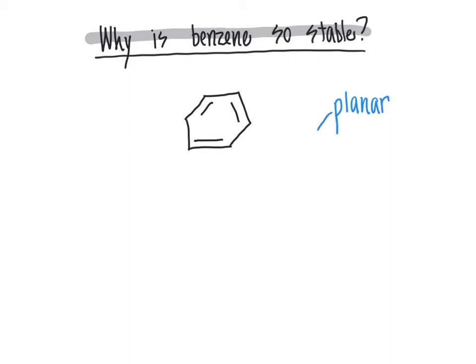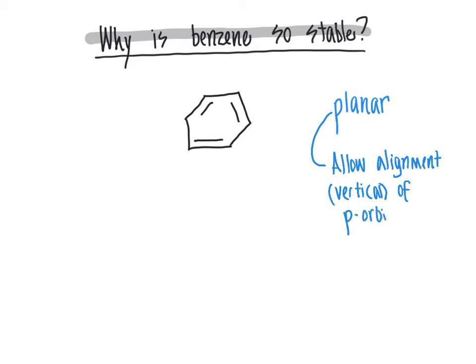So when it's planar, that is going to allow the alignment, that is a vertical alignment in this case, of p orbitals from the sp2 atoms.